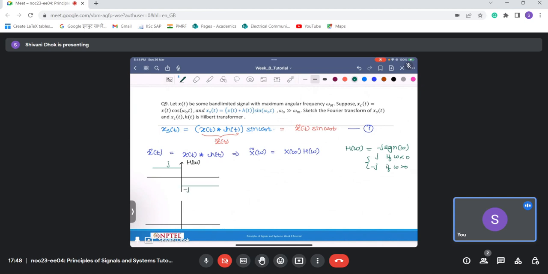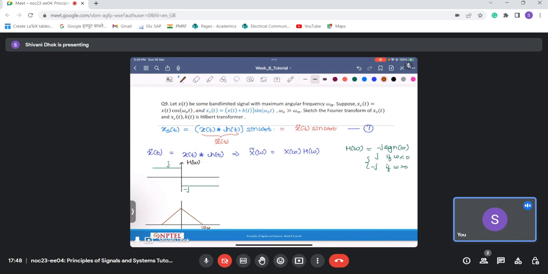It looks something like this, and we know that our X(omega) is something like this. Let me draw X(omega) here. So this is X(omega).